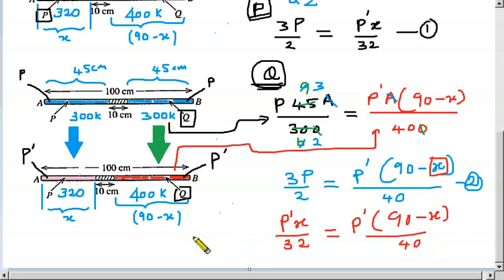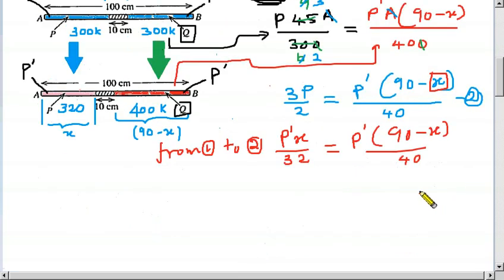What did we do? From equation 1 to equation 2. So now P dash cancels, and what we get is x divided by 32 equals (90 minus x) divided by 40.